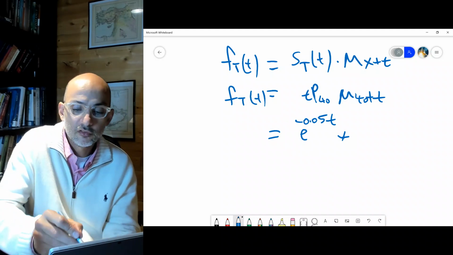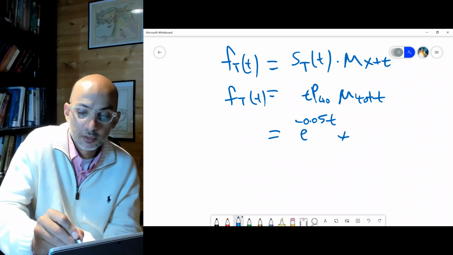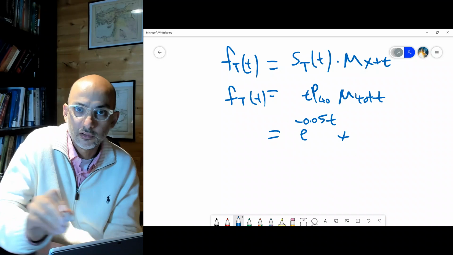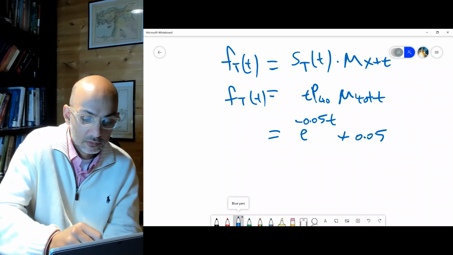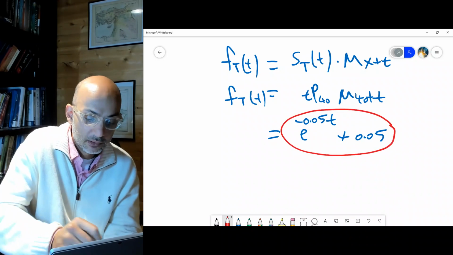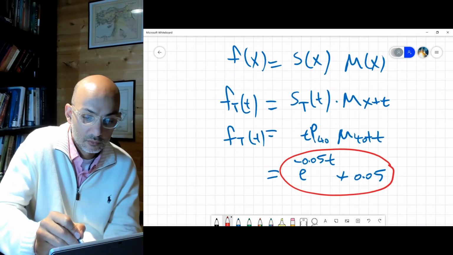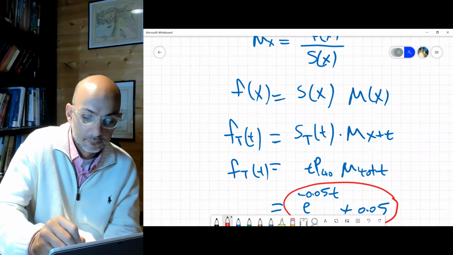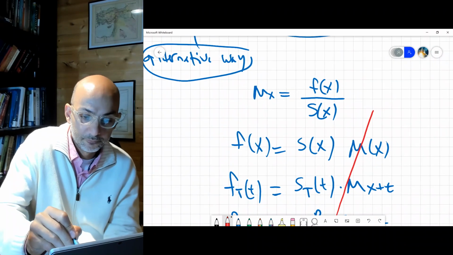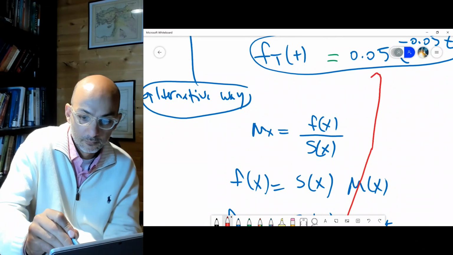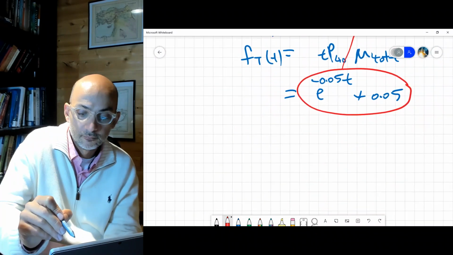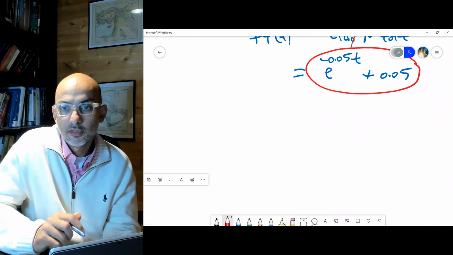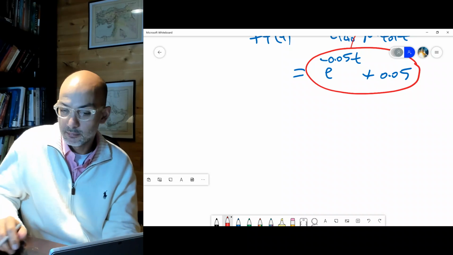Because it's constant force, mu is fixed, which is 0.5. If you compare it with this one, it should be the same. We did it in two different ways, and all of them should give you the same answer.